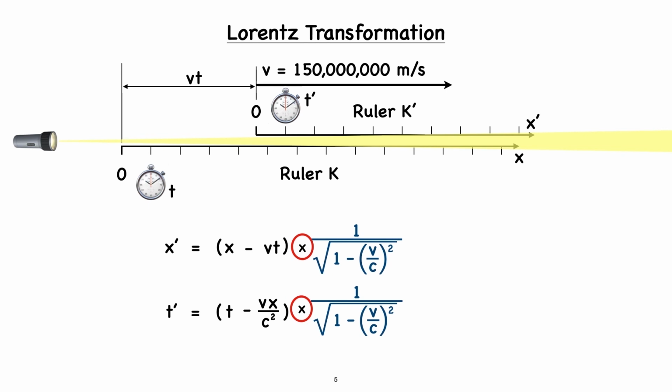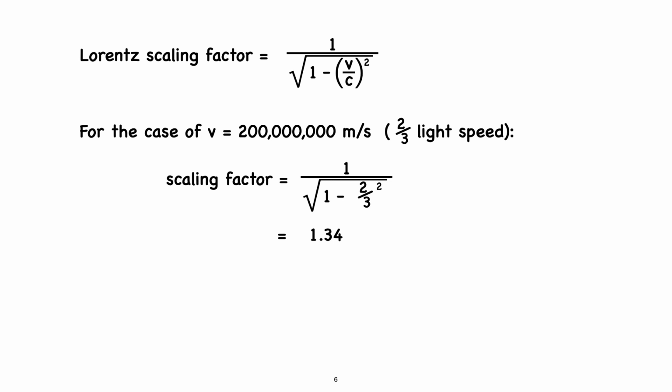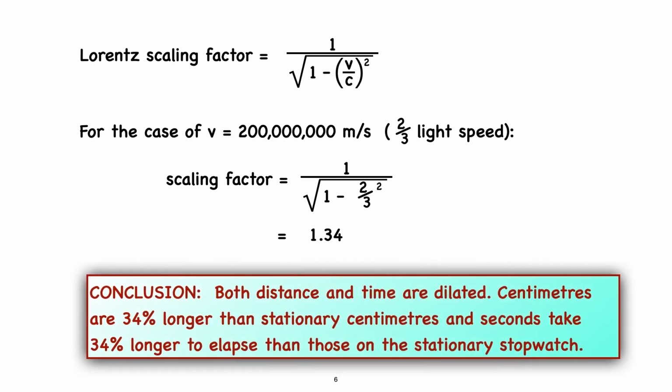This adjusts the length of seconds and centimeters on the two scales. So looking at the example we had of v equals 2/3 of light speed, if we pop that into that scaling term, our scaling factor is 1.34. So in other words, very simply, both distance and time are dilated.